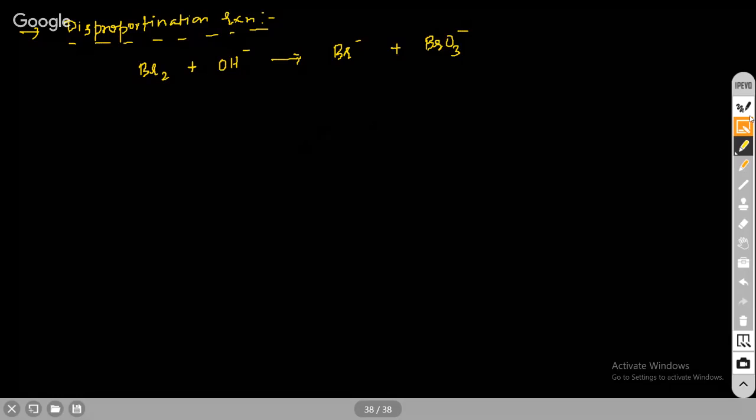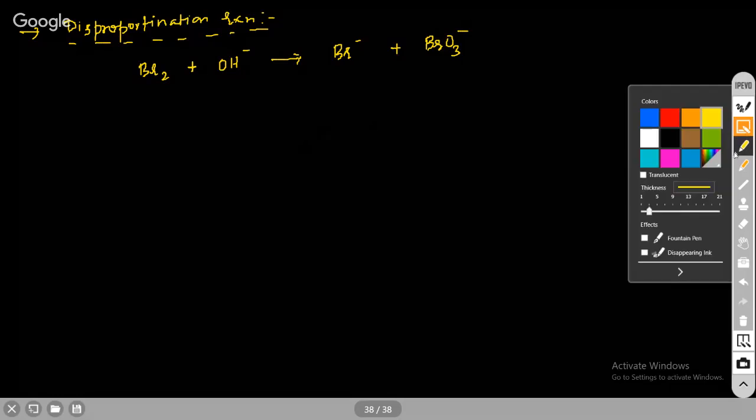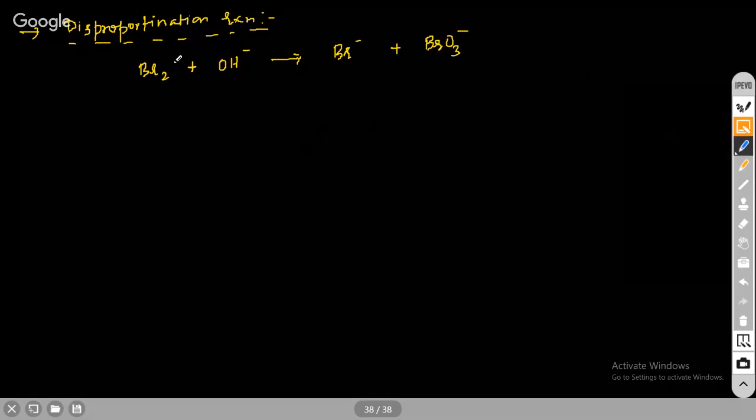I'll give you 2-3 minutes for this. Tell me these values because this is important, like how to balance this. I have done this already in the class. Now tell me the value of A, B, C, and D. Who are there?